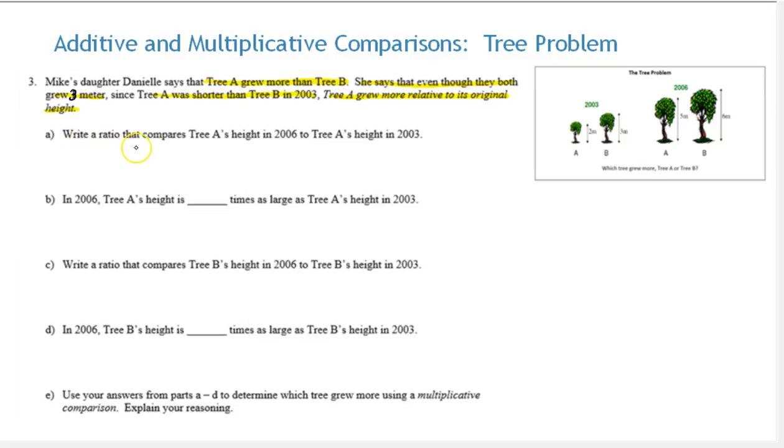So we're going to write a ratio that compares tree A's height in 2006 to tree A's height in 2003. Notice we're going to put the later year amount first. So it's the tree's height in 2006, which is 5 meters. And a ratio means we write one value divided by another as a fraction, over 2 meters.